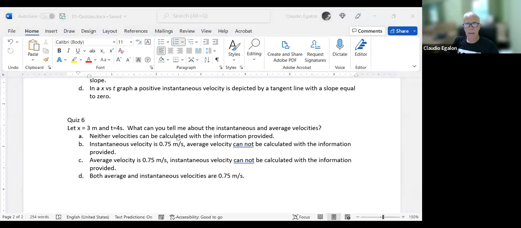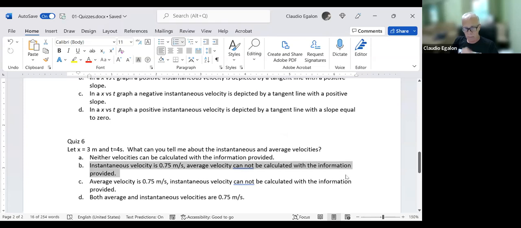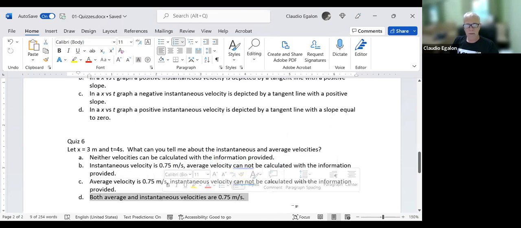Option A, neither velocity can be calculated with the information provided. Instantaneous velocity is 0.75 meters per second. Average velocity cannot be calculated with the information provided. Average velocity is 0.75 meters per second. Instantaneous velocity cannot be calculated with the information provided. Both average and instantaneous velocities are 0.75 meters per second. Which one is the correct alternative?